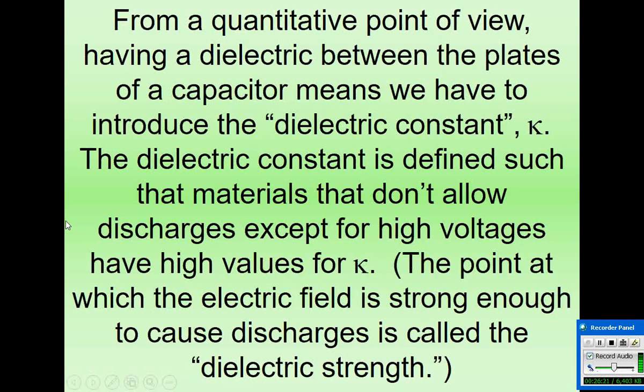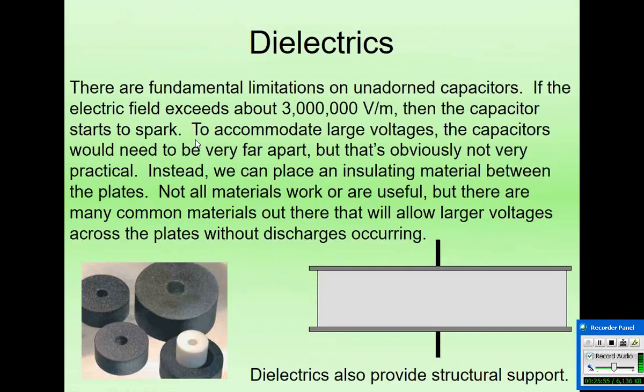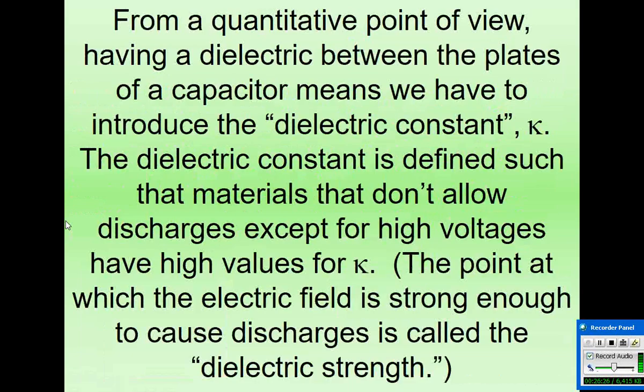To understand how to quantitatively apply the effects of a dielectric, we need to define a new quantity called the dielectric constant. The dielectric constant is denoted by the lowercase Greek letter kappa. That's that script-looking lowercase k you see on the right-hand side, but it's really a lowercase Greek letter kappa. And it is a unitless quantity. It does not have units.